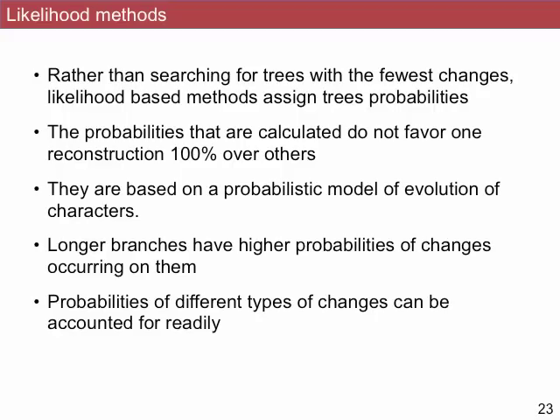What likelihood methods do is much more complicated than what parsimony methods do. So likelihood methods start out with a model. The model is a conceptual mathematical description of how characters change between states. And this model allows you to represent things like transitions being much more likely than transversions.